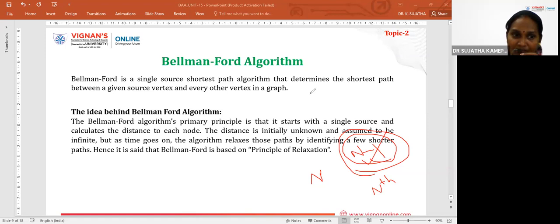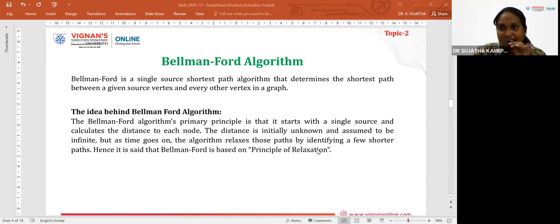So if I stop the process after n minus 1 cycles, then I get the shortest path. If I continue for one more cycle, in the nth cycle, if there is a difference in the path cost from the (n minus 1)th cycle to the nth cycle, then we can say that there are negative cycles. Otherwise, there are no negative cycles.